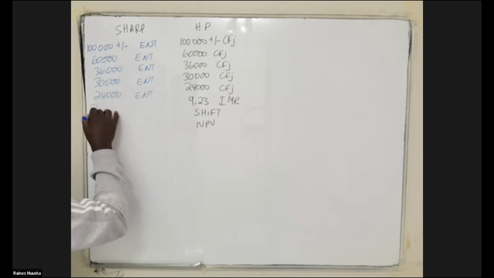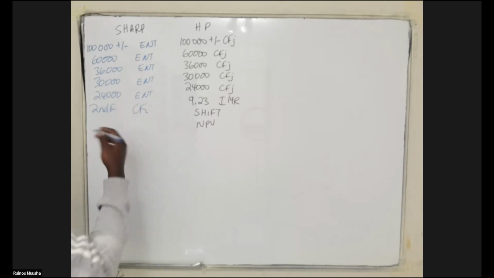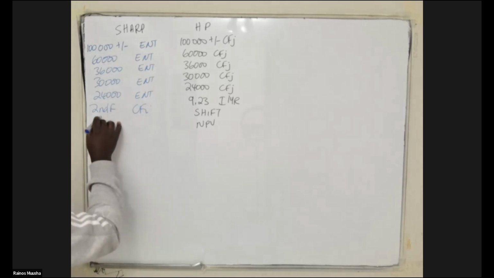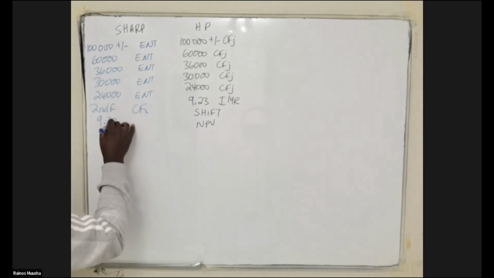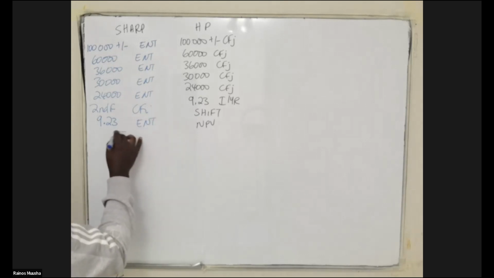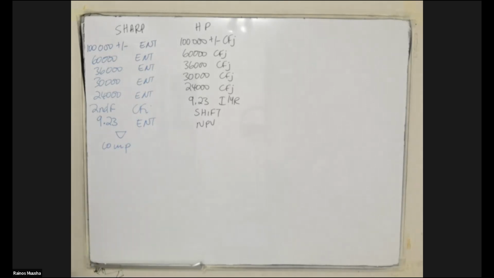Then from there you say second function, CFI, then it asks you for the discount rate per year, and your rate per year is 9.23, so it's 9.23. You press enter. Then from there you scroll down and then you compute.